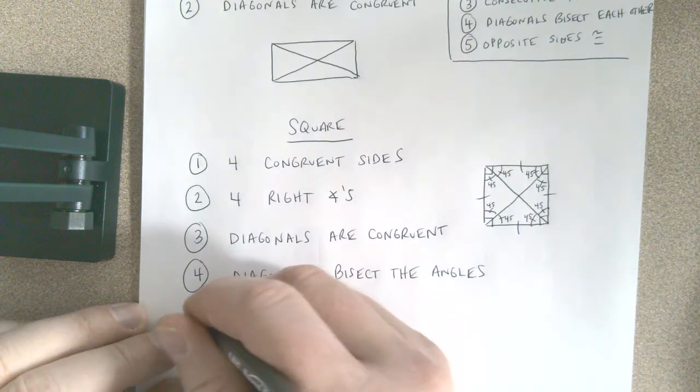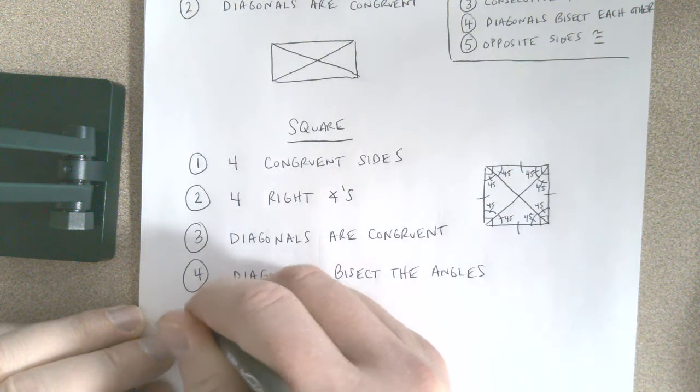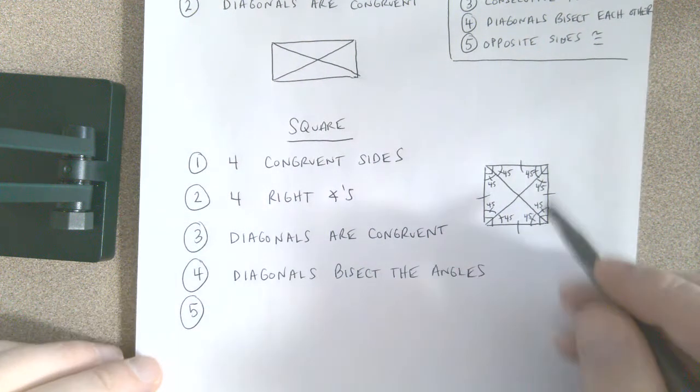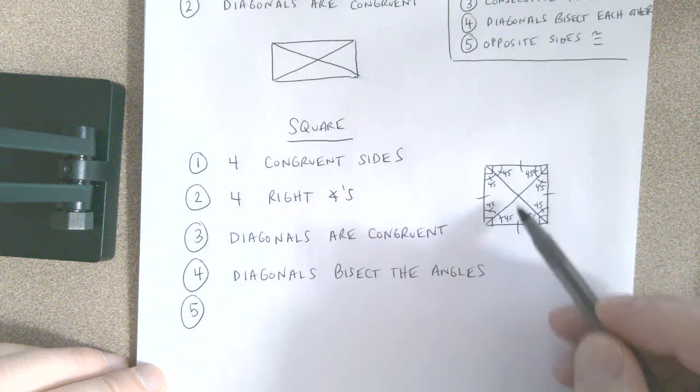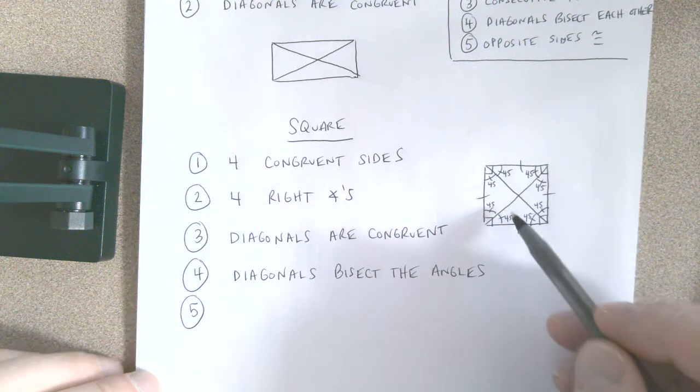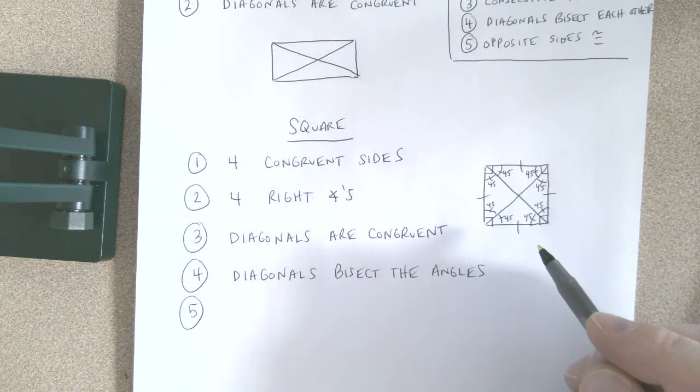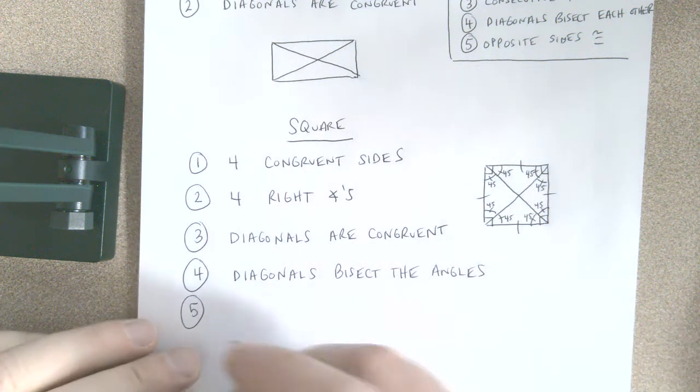Which leads us to our 5th and final property. If we know that these are 45 each, what's true about these middle angles? They're going to be 90.